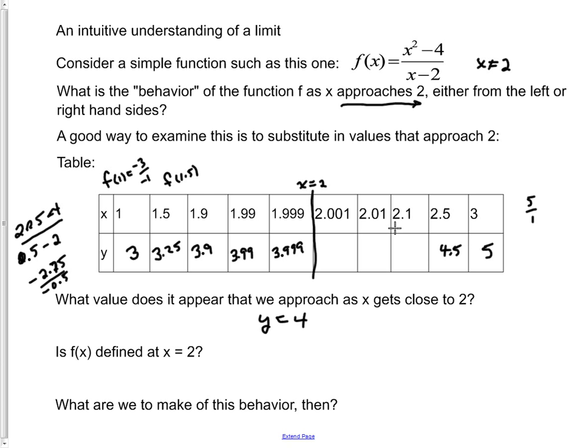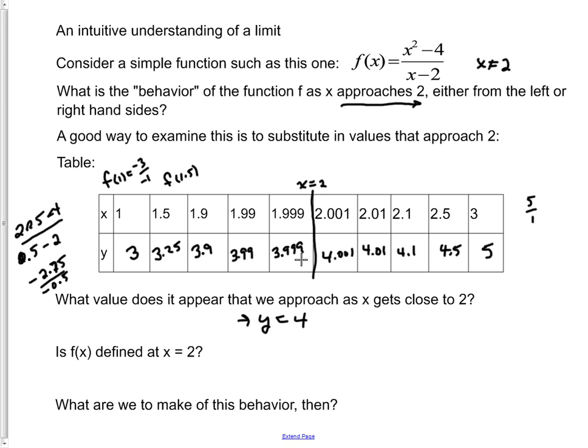At 2.1, it's going to be 4.1. You can verify this by pausing and trying it out on a calculator or working it out on paper, preferably. 4.01 at 2.01 and 4.001. Again, even though it's coming from a higher value, we're getting close to y equals 4. So it looks like the behavior of this function is y equals 4.